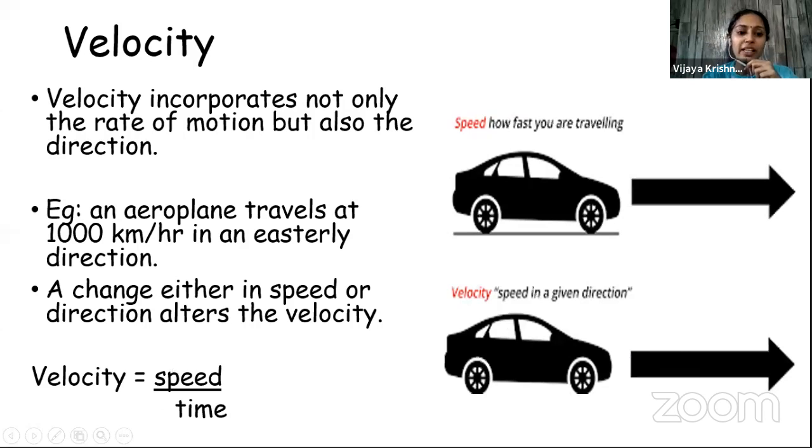So velocity is displacement upon time. For example, an aeroplane travels at 1,000 kilometers per hour in an easterly direction. A change in either speed or direction can alter the velocity. So it is very important to know both the speed and the velocity of an object.